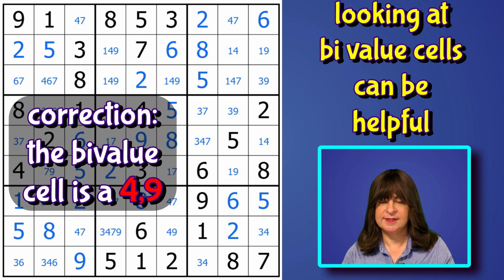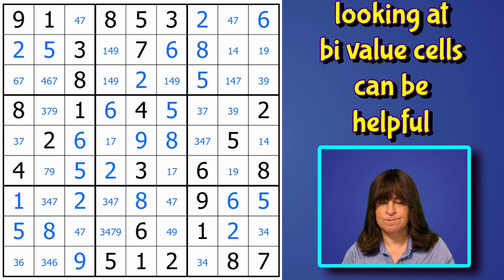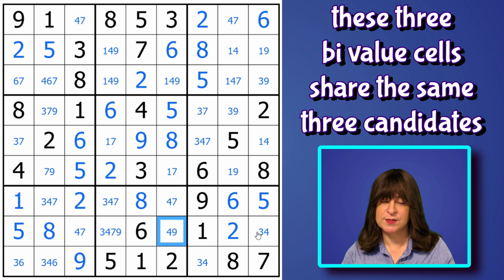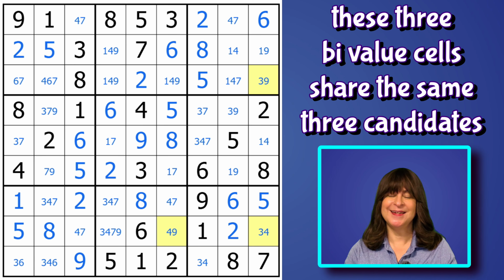And let's see. There's a 3-4 bi-value cell here and a 3-9 bi-value cell up here. And these 3 cells share the same 3 candidates, the 3, 4, and 9. Okay, I think we have another chain here.